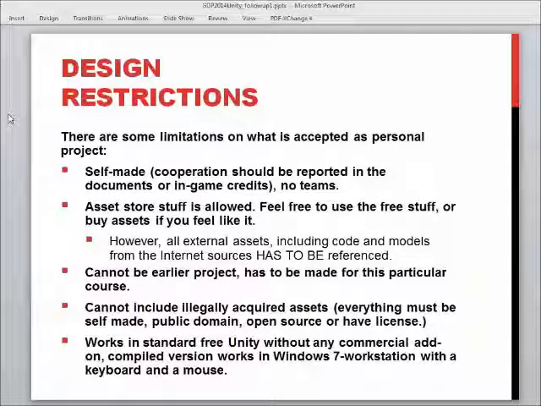Okay, so the design restrictions are still the same. Everything should be self-made or bought from the asset store or public domain or something like that. You are not allowed to use any illegally acquired assets, so you have to have a license for all things you use on your project. That's simply because they are basically university project works.